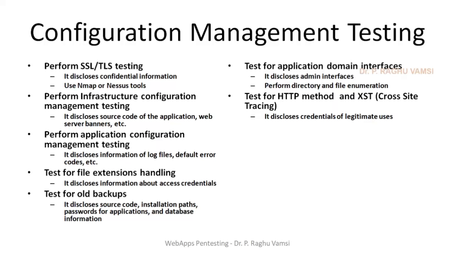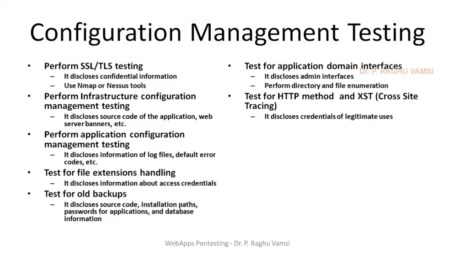Because some old versions may have severe problems or vulnerabilities or threats, such as the Heartbleed vulnerability, which is a very famous threat available with the old TLS version. That is called a known vulnerability that may be exploited by the hacker.